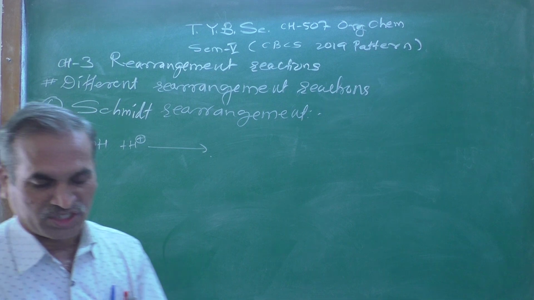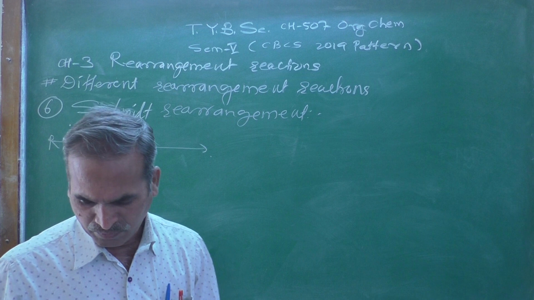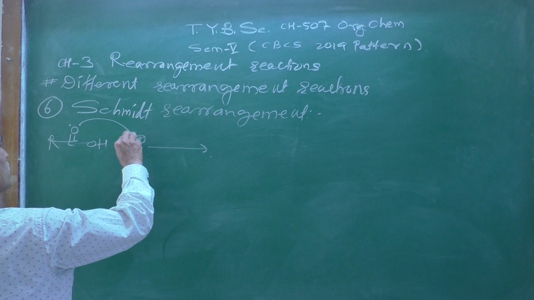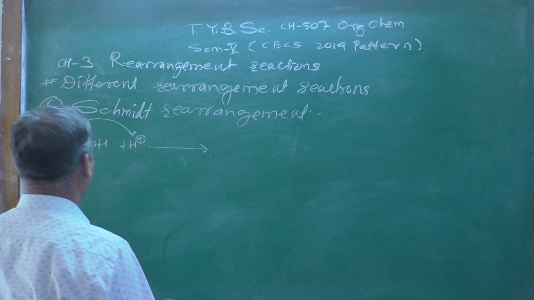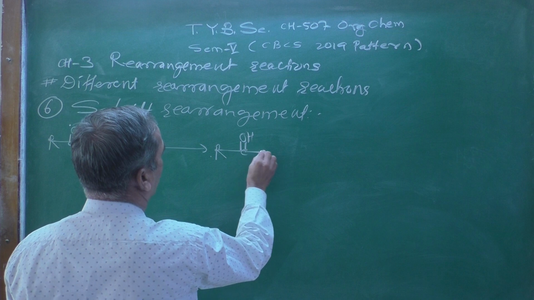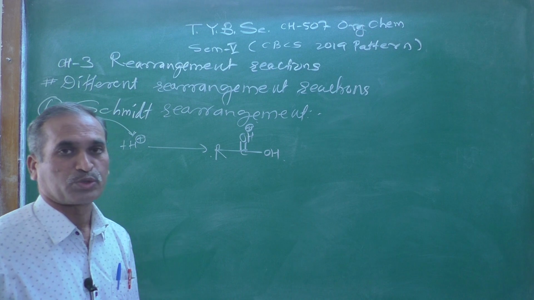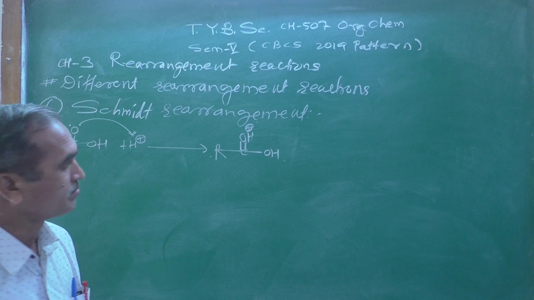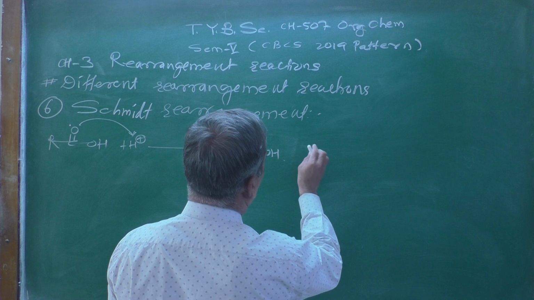The lone pair which is present on carbonyl oxygen first picks up that acidic proton from sulfuric acid, and you will get this type of species, and this species is known as protonated acid.